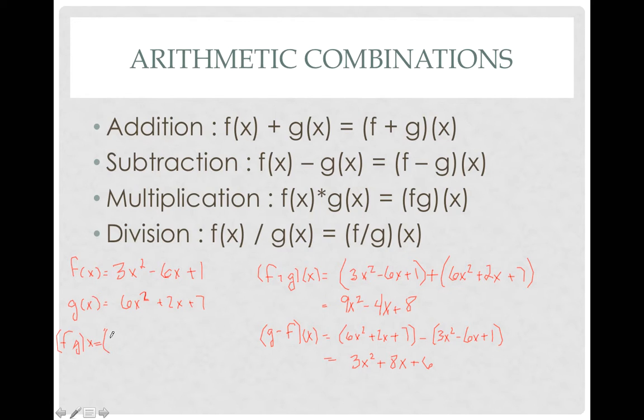I would go parentheses, 3x squared minus 6x plus 1 times 6x squared plus 2x plus 7. And then I would have to distribute this 3x squared to all three pieces, the minus 6 to all three pieces, and the plus 1 to all three pieces, and combine my like terms.